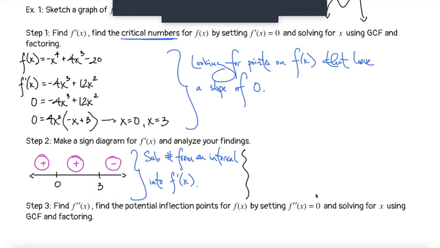All right. So to do this, I actually like to draw a little diagram to help myself. Okay. So at x equals 0 and at x equals 3.